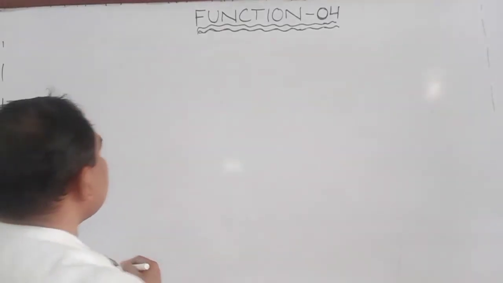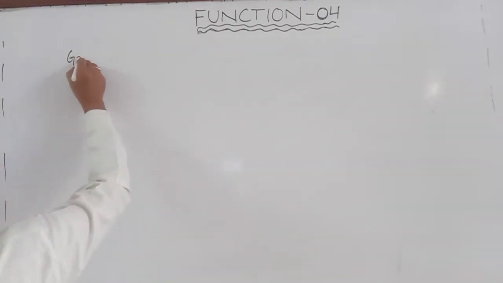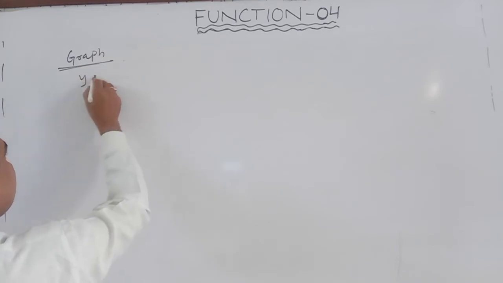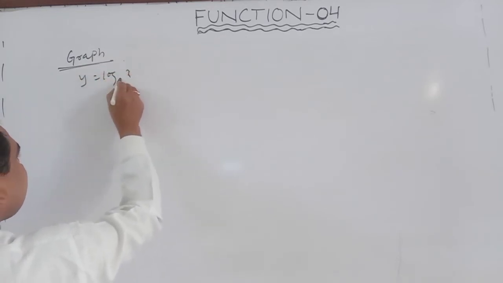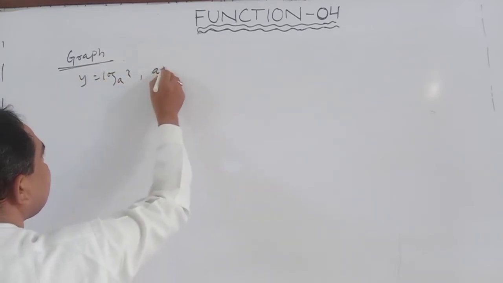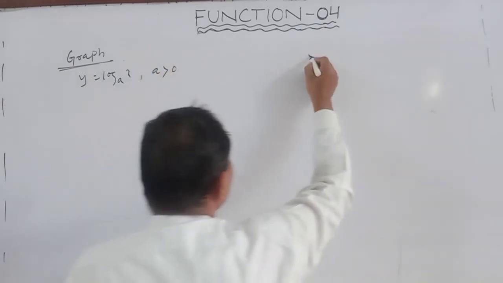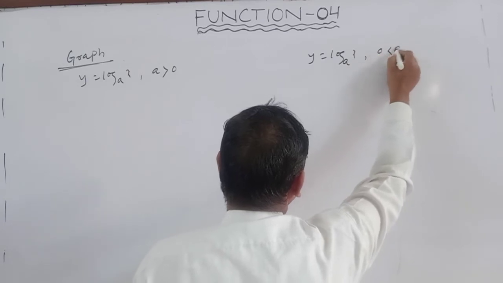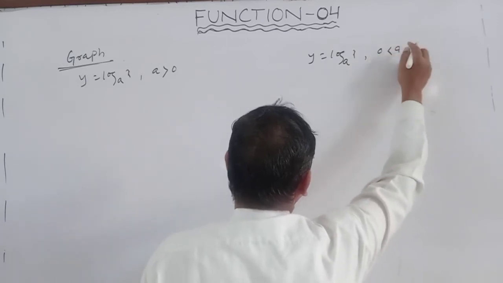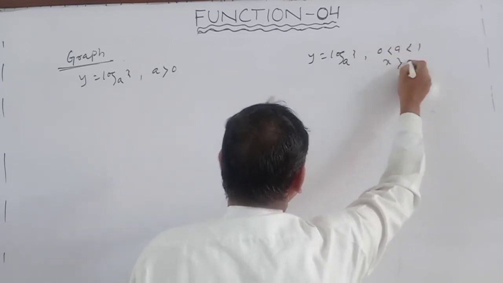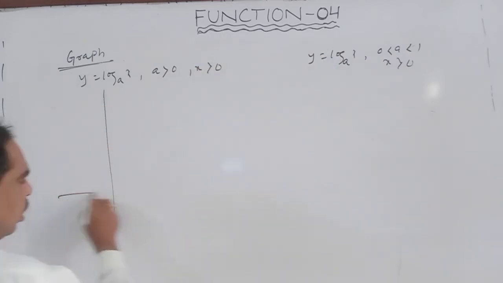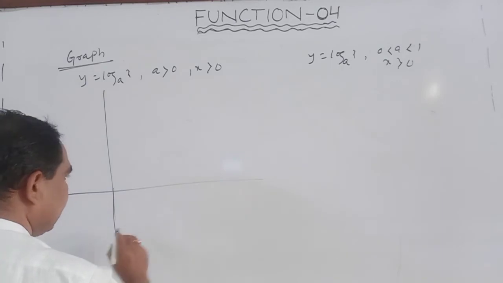Now look at the graph. y is equal to log of x base a, with a greater than 1, and another one y is equal to log of x base a, with 0 less than a less than 1. In both cases x is greater than 0.